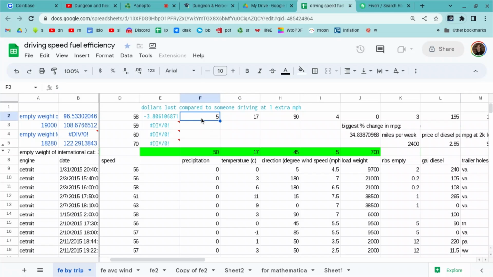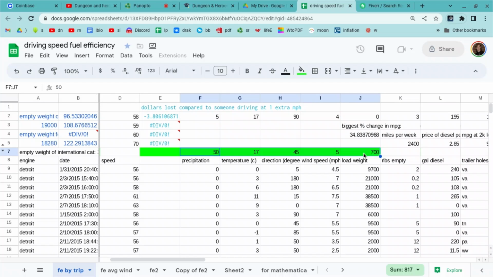Let's say I check the weather: 5% chance of precipitation, 17 degrees Celsius, wind is blowing perpendicular to my drive direction, and wind speed is, let's say, 4 miles per hour. I ended up using random units, miles per hour, Celsius, whatever. And the load weight is zero.